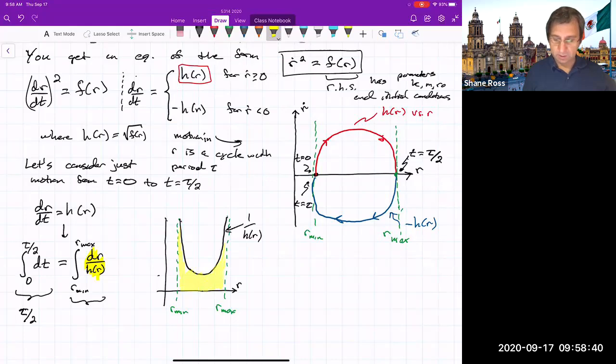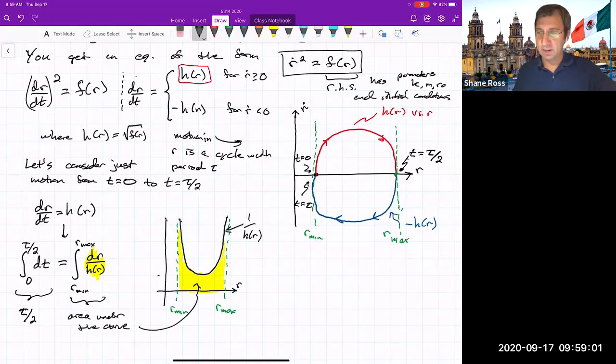And this is something that you could do numerically. So this is the area under the curve here.